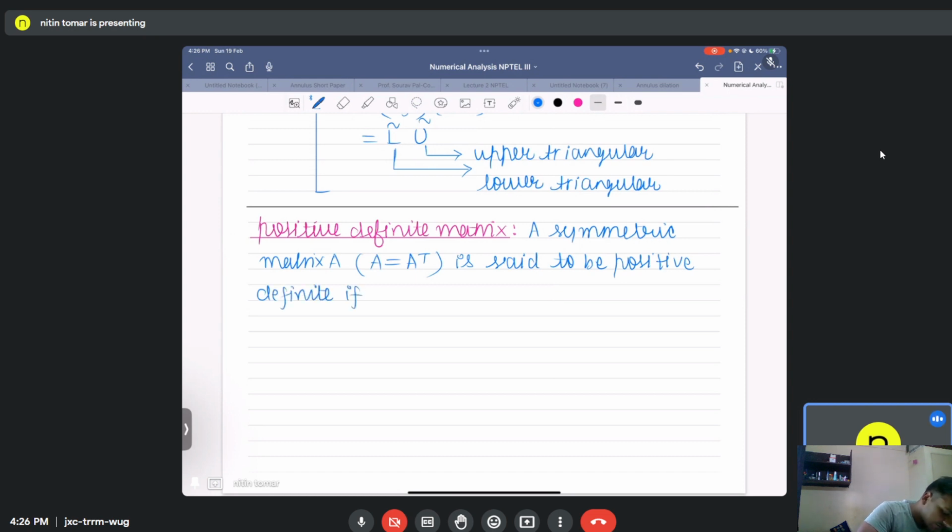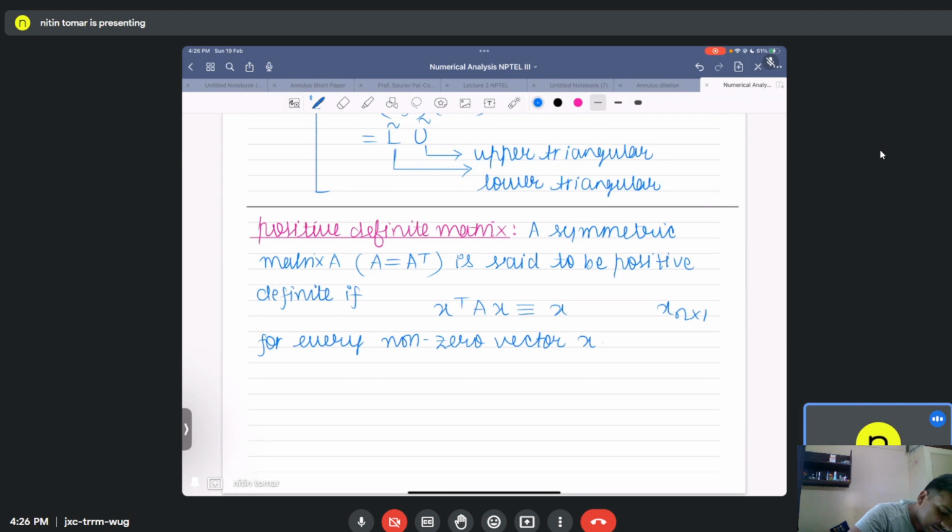if something happens. This X transpose A X. If X is an n cross 1 vector, I want you to realize this definition, because it is not clear to many people. Why is this the definition?